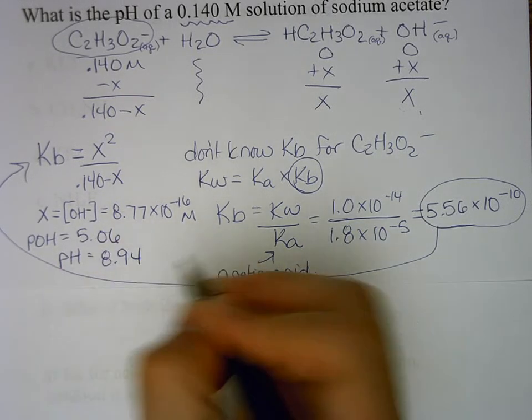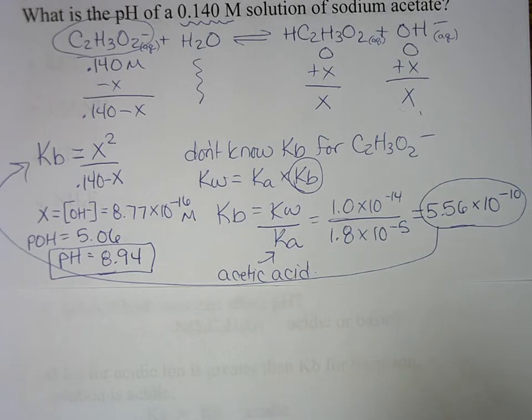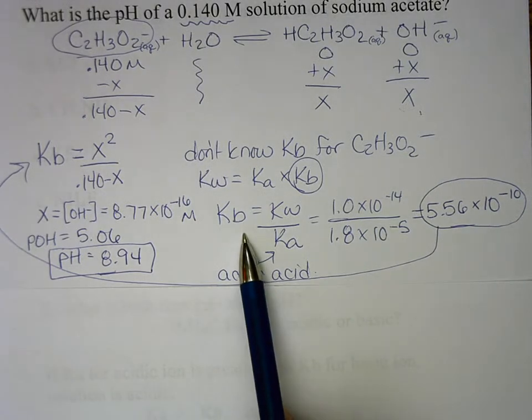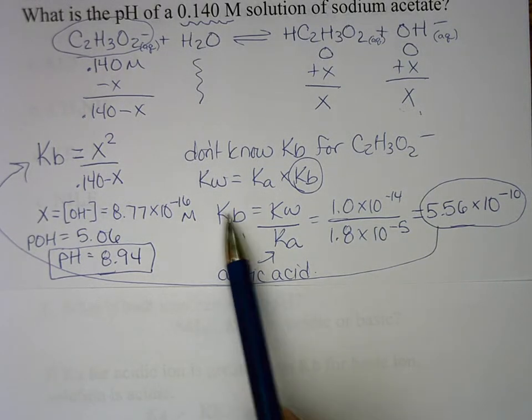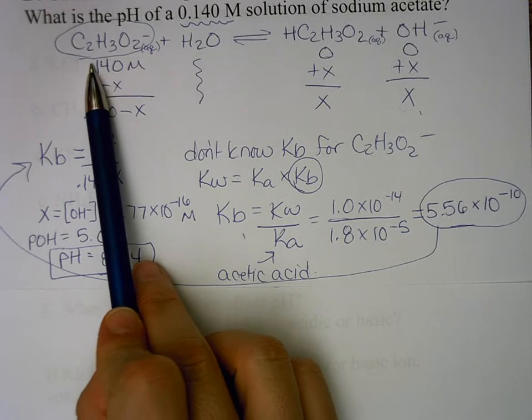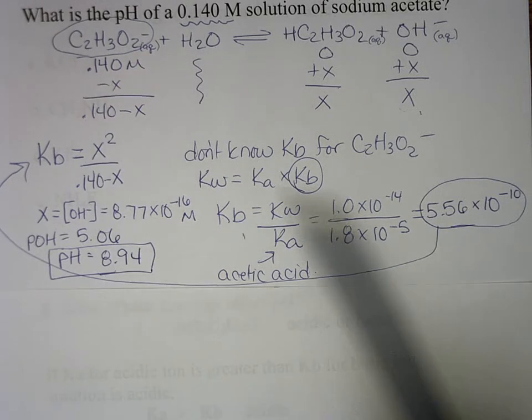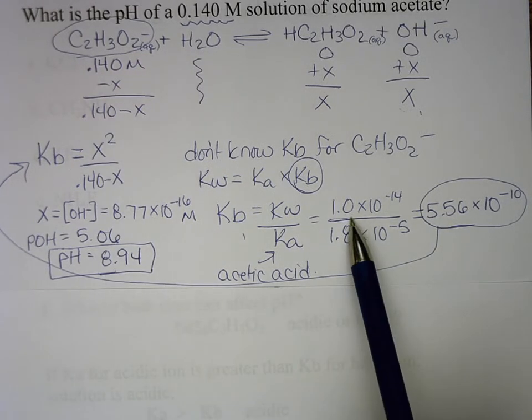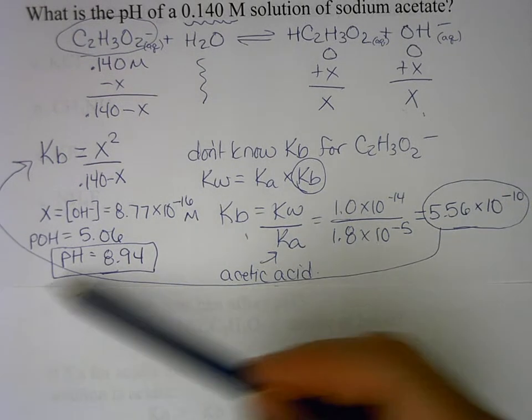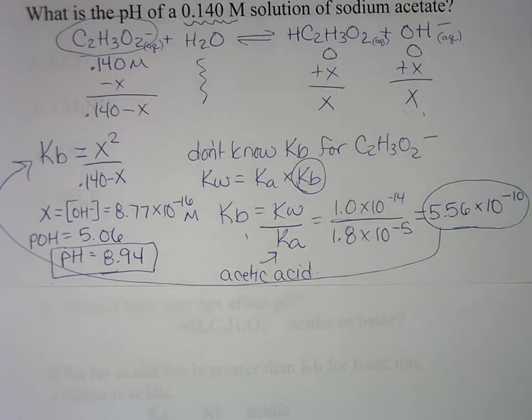The only extra step here is that you have to solve for the Kb of the conjugate base, because that's not just something you can look up. So that's the extra added step. Everything else is the same. Ice table, negative log it once you get x and your concentrations.